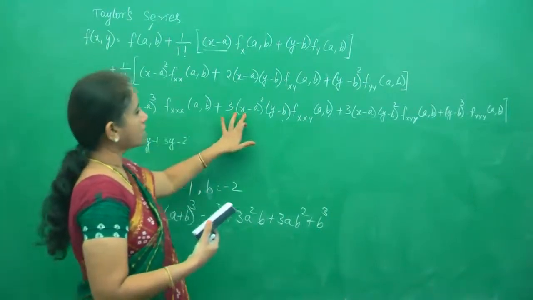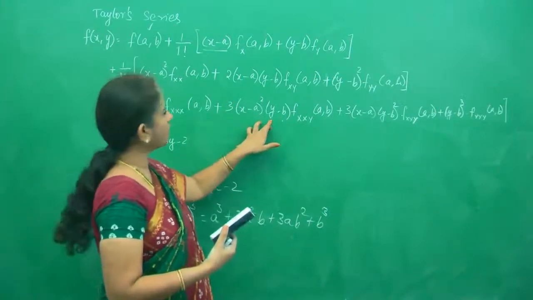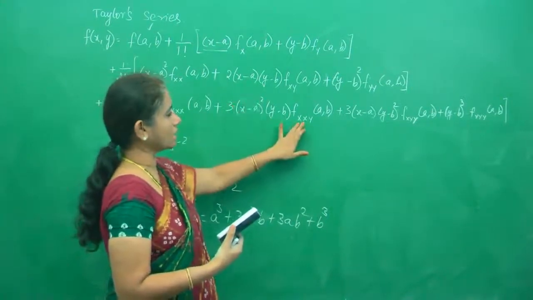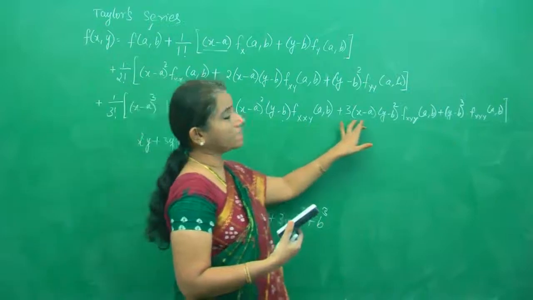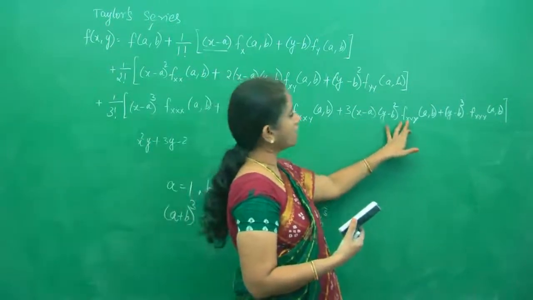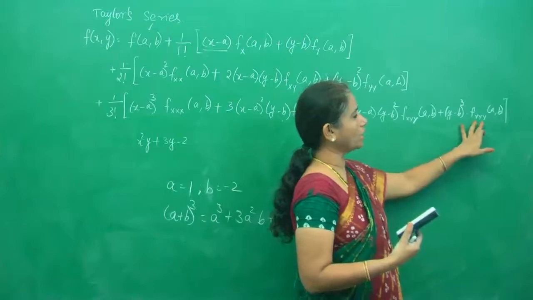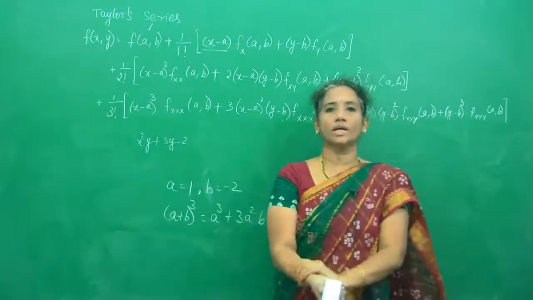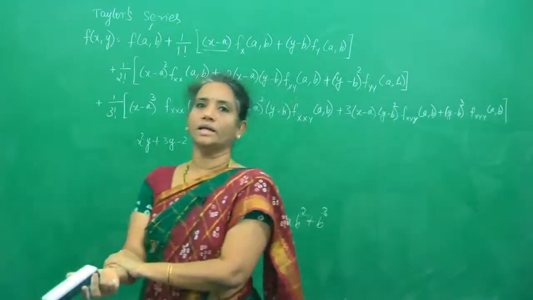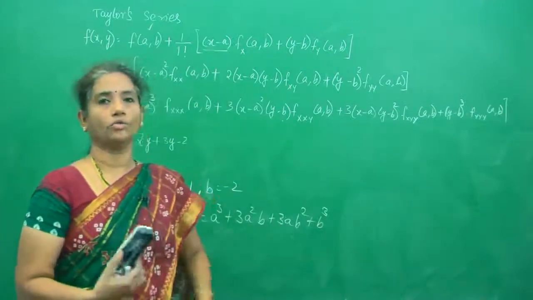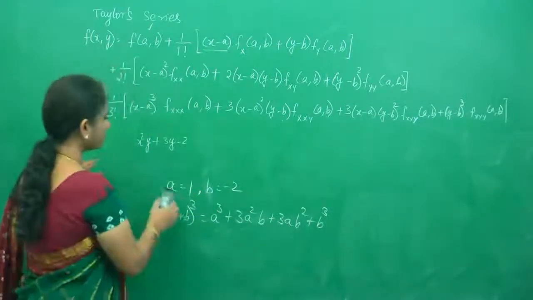X square y, so xxy, and x y square, which is xyy, and this is y cube, so yyy. I'll give you a minute. You can write down the formula on your own, and then please check it, and then we can continue with the class.